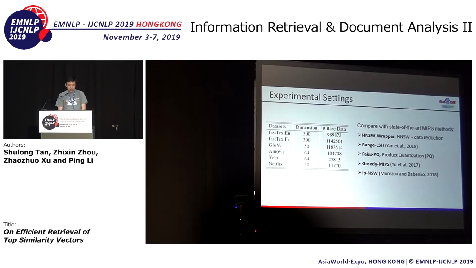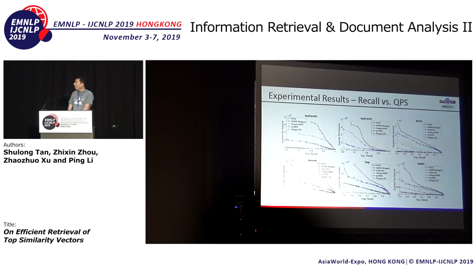Now I will show the experimental results. We do the tests on some datasets from natural language processing and some from recommendation systems. We compare with the methods HNSW, hashing-based methods, greedy MIPS, and IPNSW. These are the plots of our results.